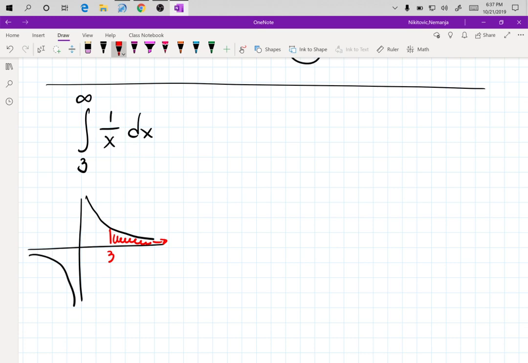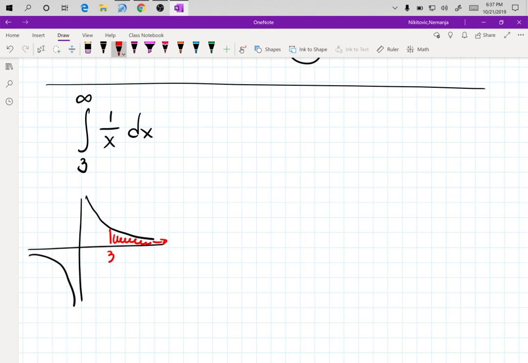So, limit b goes to infinity, integral from 3 to b of 1 over x dx, which gives us the limit as b goes to infinity of ln absolute x, thank you, from 3 to b. So now the limit as b goes to infinity, we have ln of b minus ln of 3.